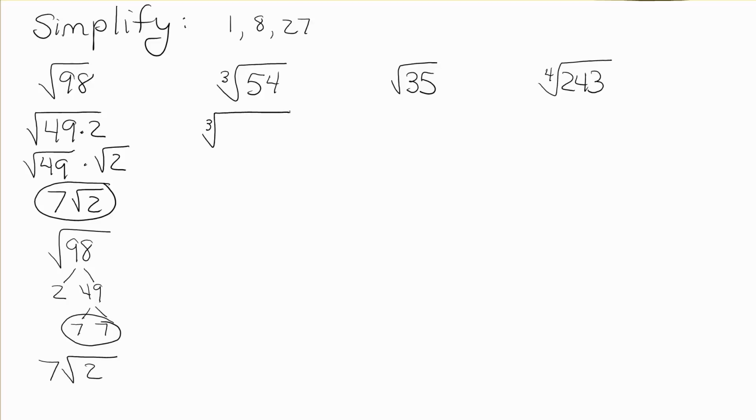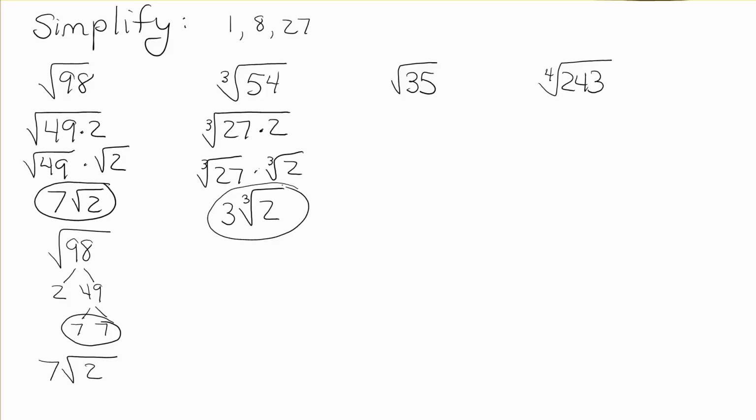So I'm going to rewrite 54 as 27 times 2. I know that the cube root of 27 is 3. So I end up with 3 times the cube root of, sorry, that's a 2 in there. 3 times the cube root of 2 is my answer.